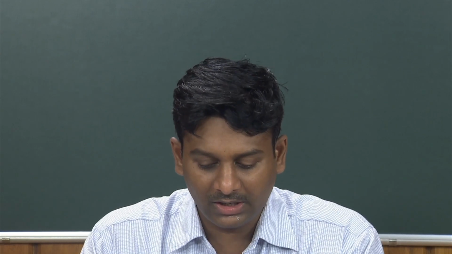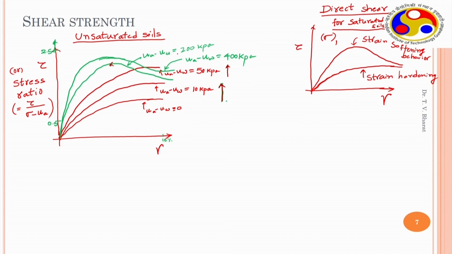So, this ultimate stress again keeps increasing with increase in the matrix suction. This trend is shown by researchers Ng and Zhou in 2005 using modified direct shear tests.